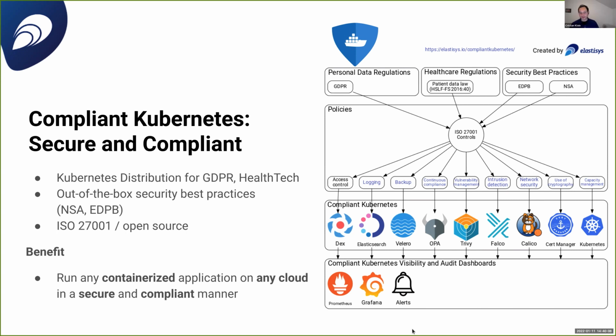So let me try to unpack your question into several questions that I heard. First of all, with respect to container image signing, what we allow in compliant Kubernetes is that you can configure a set of trusted container registries, and compliant Kubernetes comes with its own container registry, which also uses in the background Trivy for vulnerability scanning.